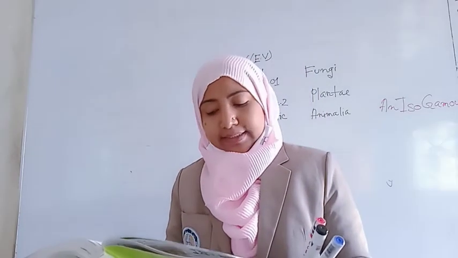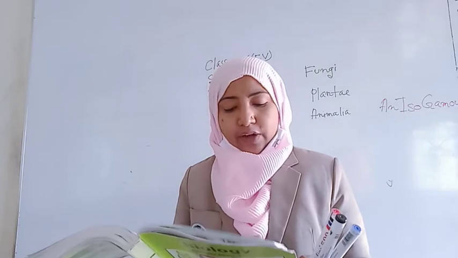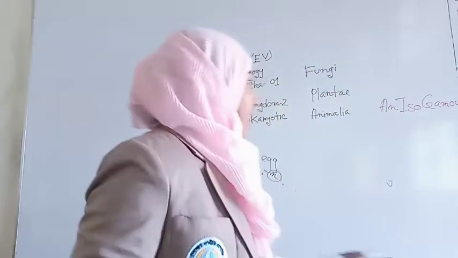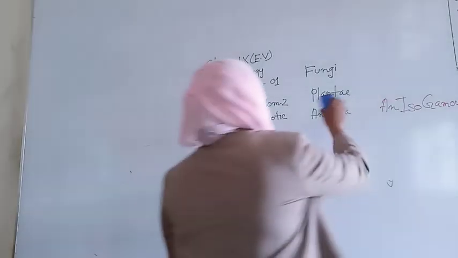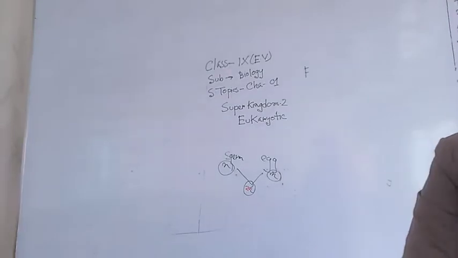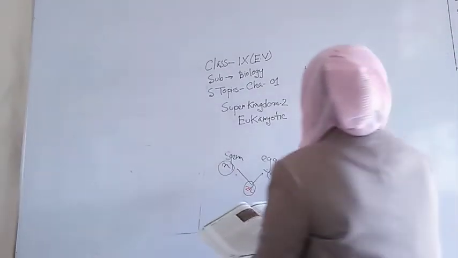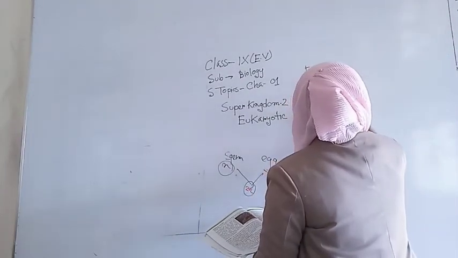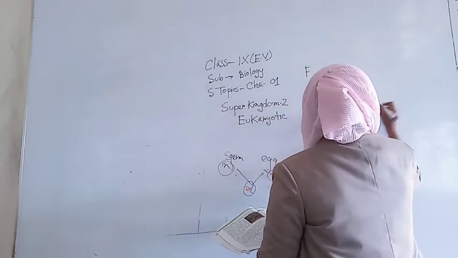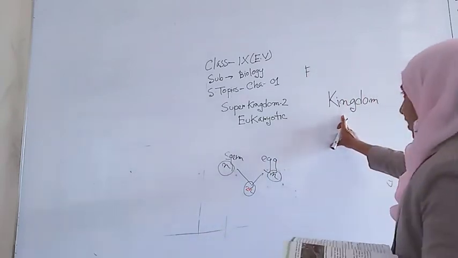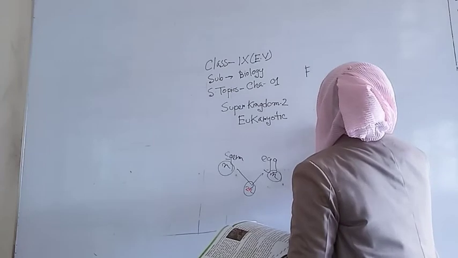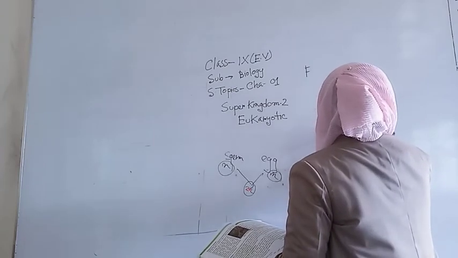There are 7 main taxonomic ranks according to the International Code. First, the highest rank is the kingdom. After kingdom comes phylum.